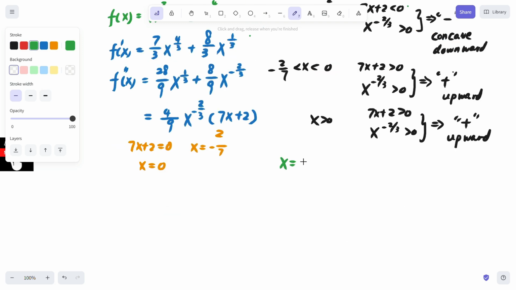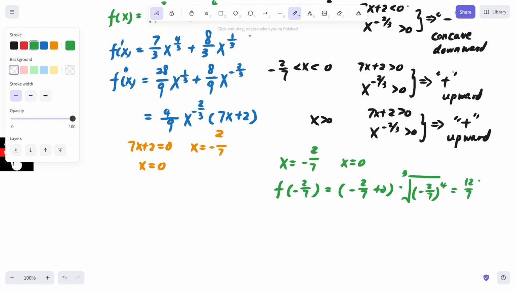Next step is finding the inflection point. We now look for inflection points, points where the function changes concavity. At x equals negative 2/7, the second derivative switches from negative to positive, which confirms that this is indeed an inflection point. Let's find the y-coordinate by plugging negative 2 over 7 into the original function. That gives us the quantity negative 2 over 7 plus 2 times the cube root of negative 2 over 7 raised to the 4th power.